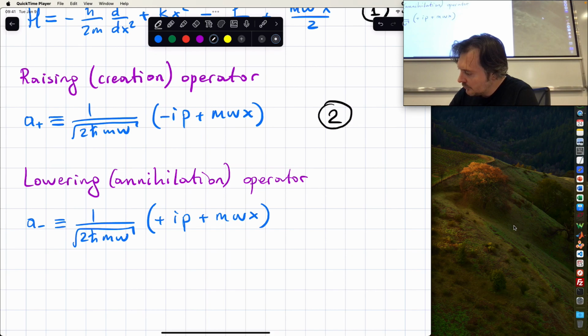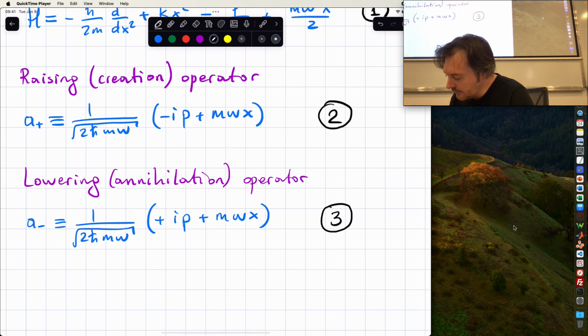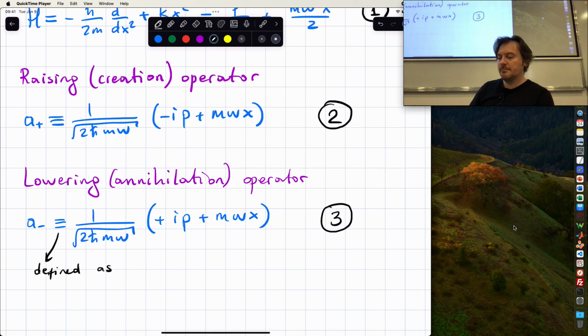Can I ask you? Sure, of course. Why are we using three equal signs? Yes. This one means defined as. Very good point.